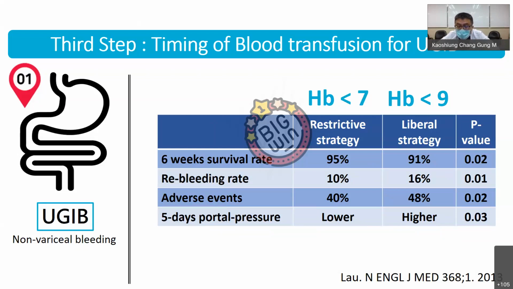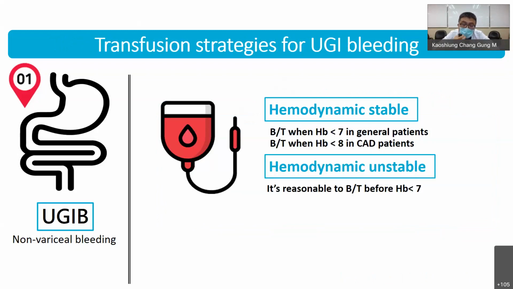The outcome parameters, including survival rate, rebleeding rate, and adverse events, all show that the restrictive strategy is better than the liberal strategy. So this is my brief summary for transfusion strategies.